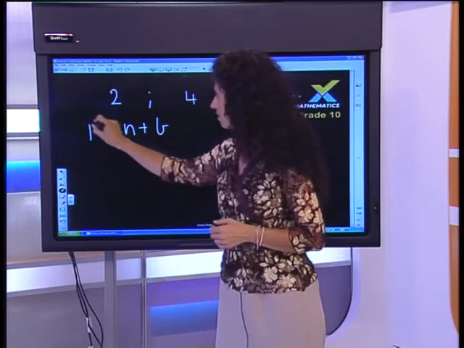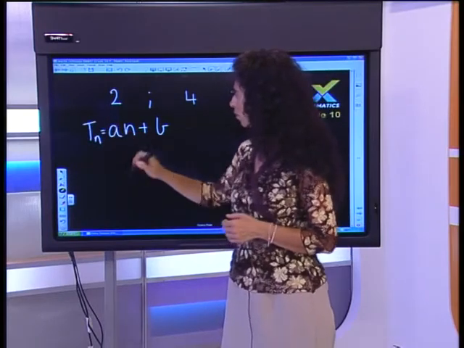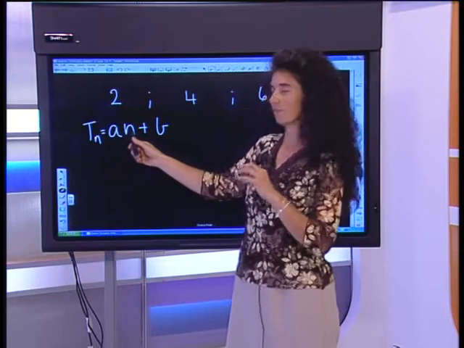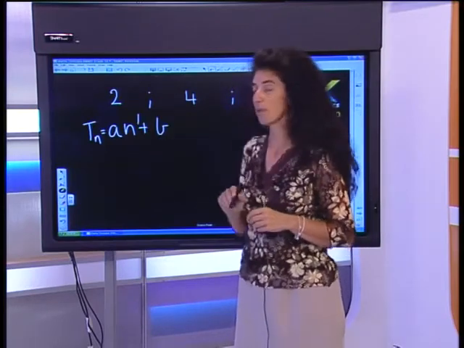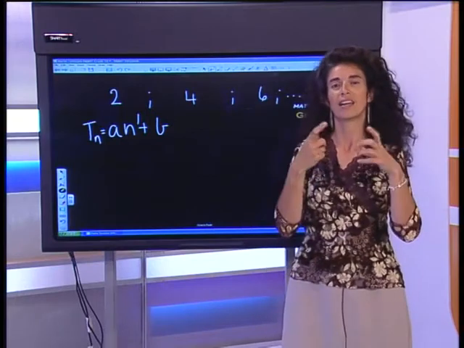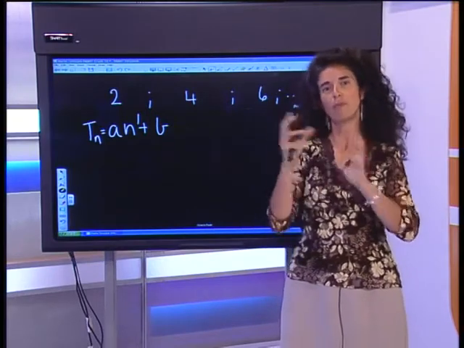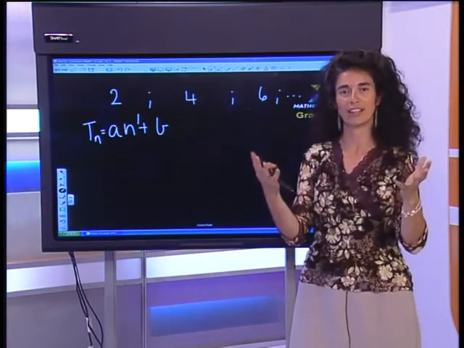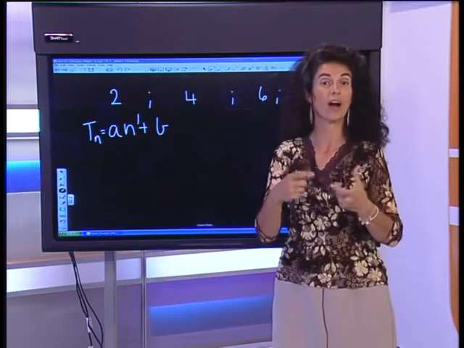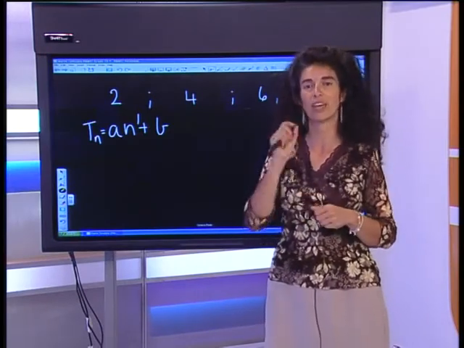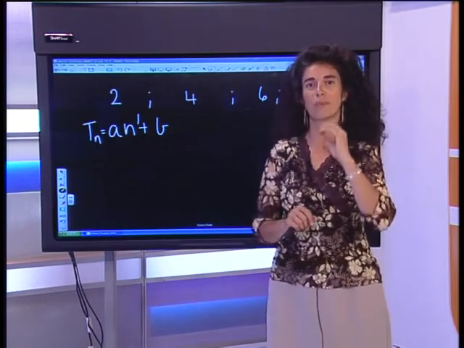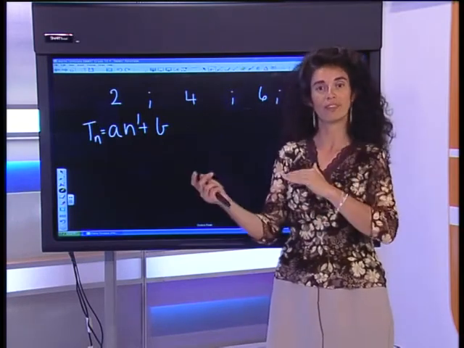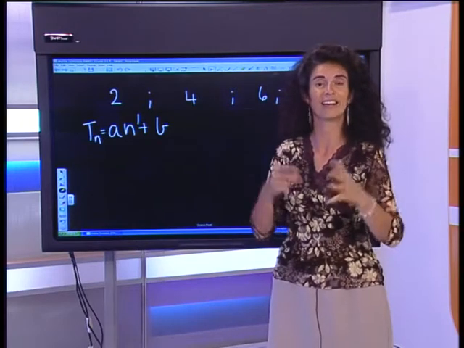So my nth term will be a coefficient of n plus b, where n is to the power of 1. And that's why it's called linear, because remember from grade 9 where you did the straight line, your straight line equation was y equals mx plus c, where x was to the power of 1. And so an expression that involves a power of 1 will be drawn graphically as a straight line, and that's where the linear equation comes from.